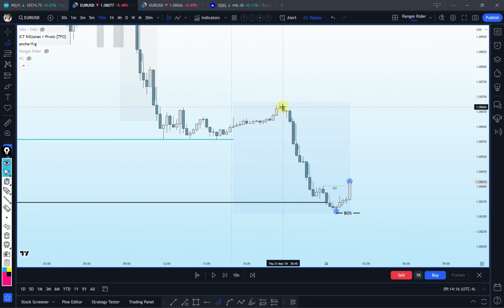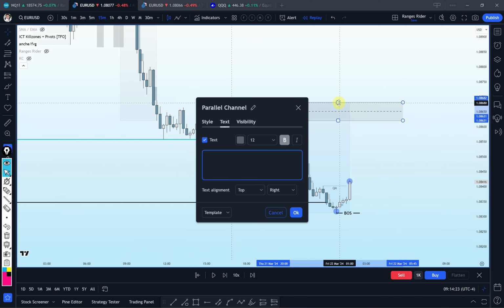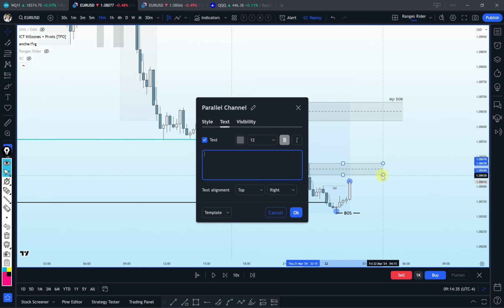So we don't have any decisional order block until maybe here. That is the major decisional order block. Or in this case, maybe I can mark this one also as a minor decisional order block.